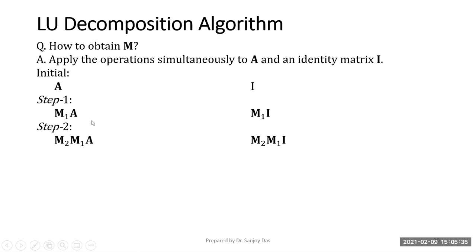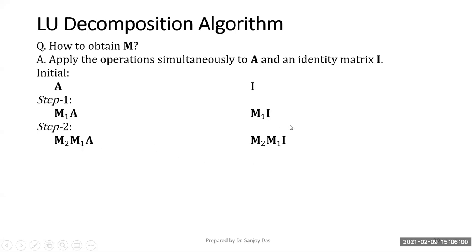Then in step two, now we have M1A. In step two, we do some row operations, but that's equivalent to pre-multiplying M1A with this matrix M2. Now here we have M1I, and if we carry out the same set of row operations, that is equivalent again to pre-multiplication with the same M2, right, as here.